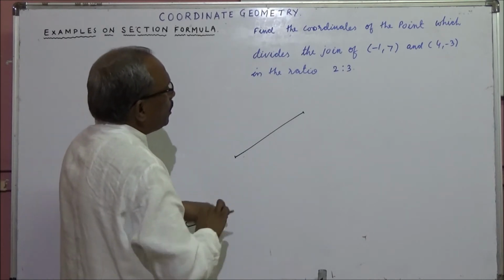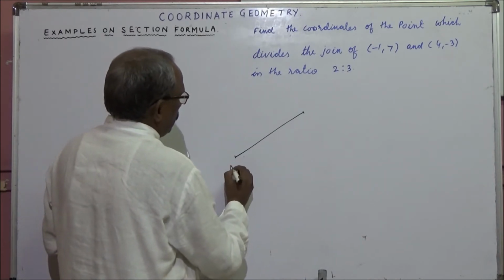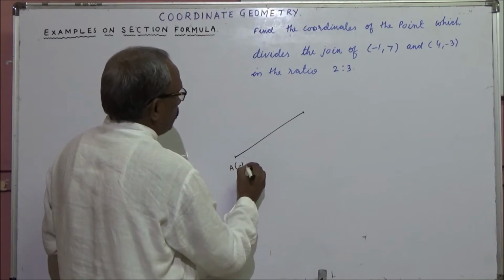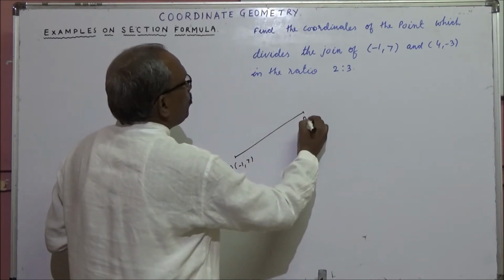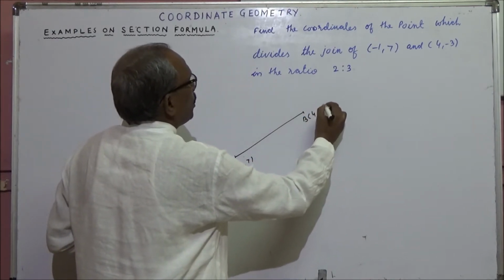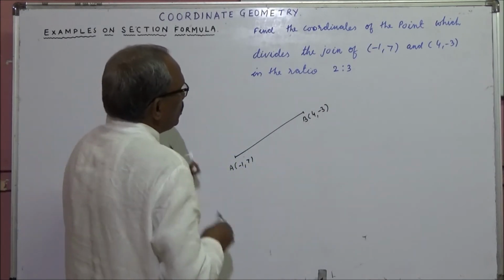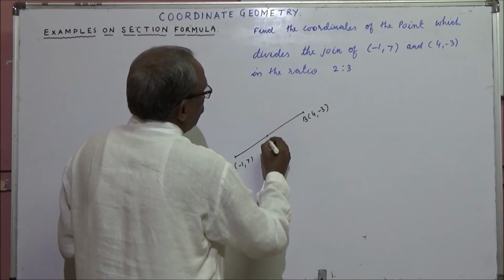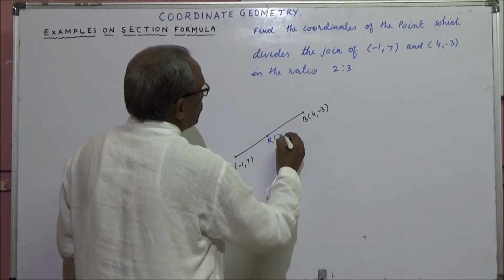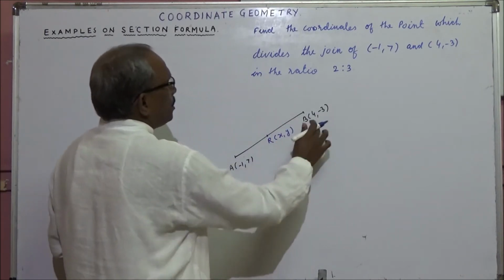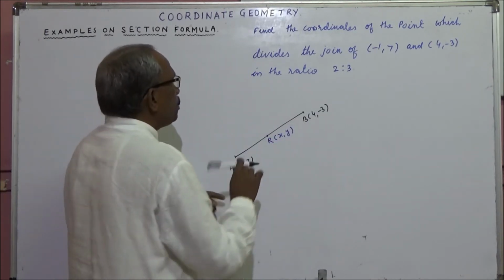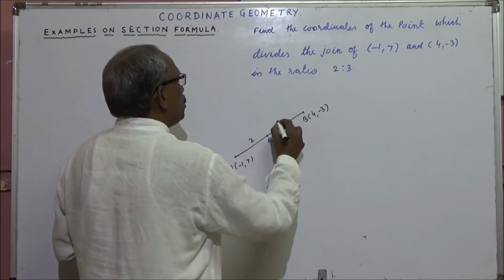So let us consider here point A (-1, 7), B (4, -3). Suppose here R is a point which divides the given line segment in the ratio 2:3.